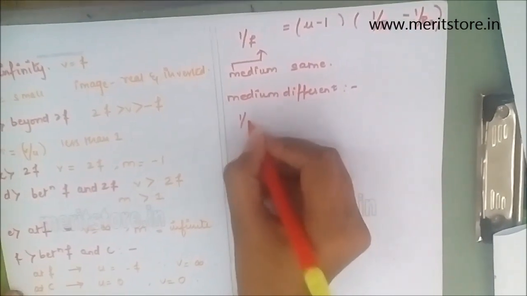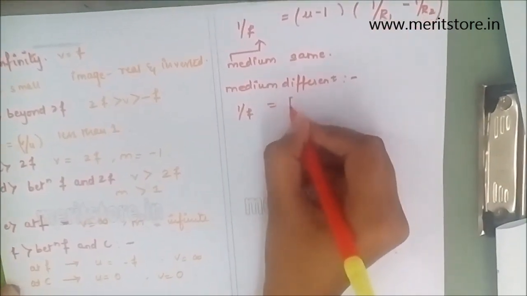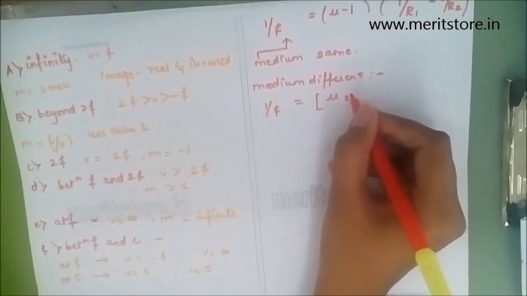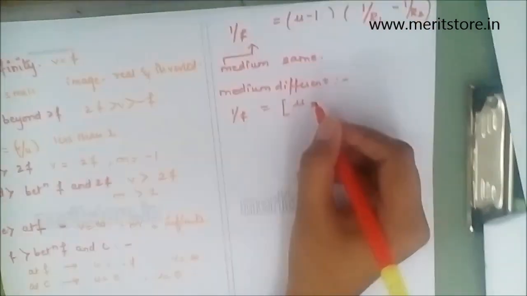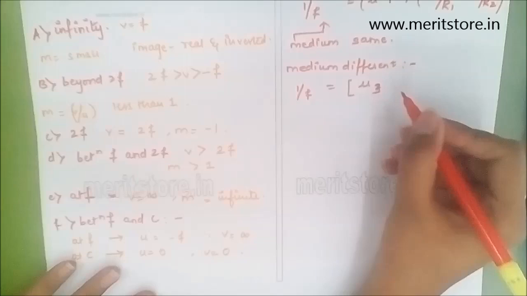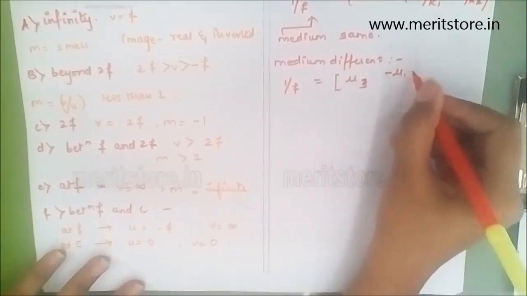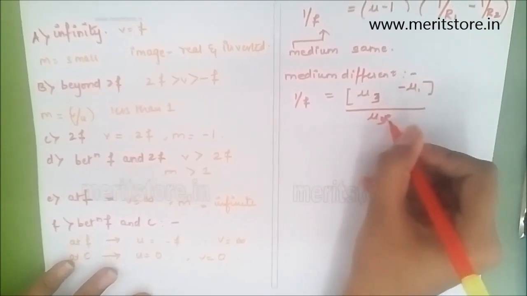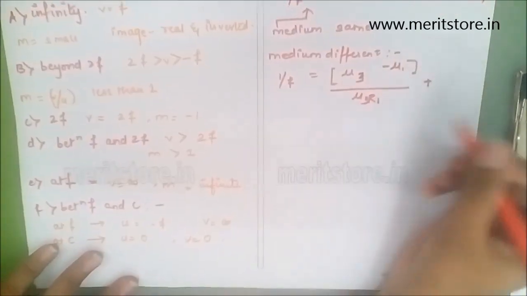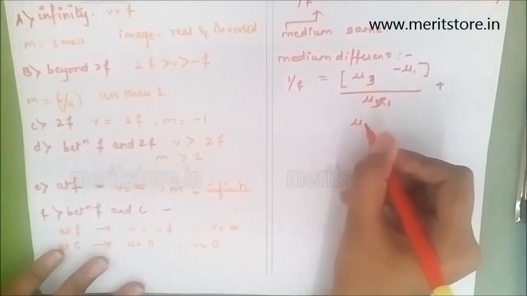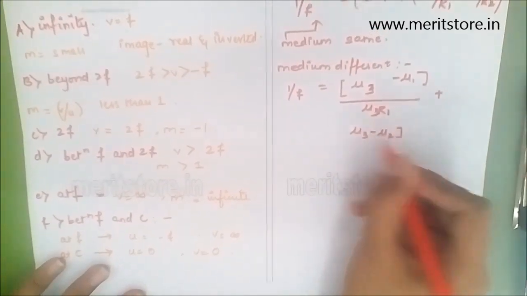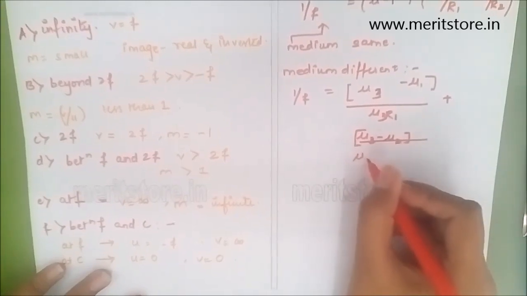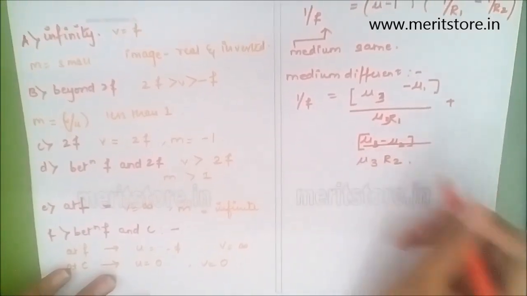The formula is given as 1 upon F is equal to (mu 3 minus mu 1) divided by mu 3 R1 plus (mu 3 minus mu 2) divided by mu 3 R2.